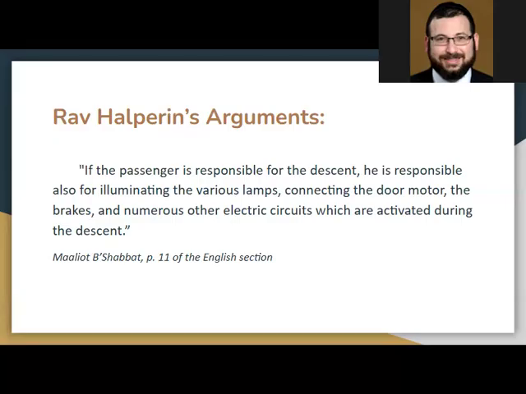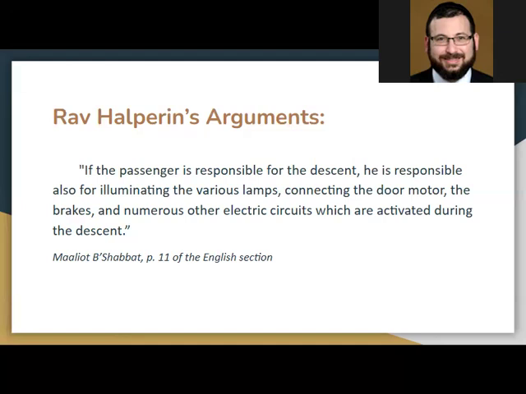Rav Halpern's conclusions are essentially the opposite of what these aforementioned halachic authorities said, where they assumed going down is not a problem at all, but going up perhaps poses a halachic consideration. He actually says that going down poses greater halachic concern. So he insists that riding an ascending elevator is permitted, riding a descending elevator is fraught with halachic problems.